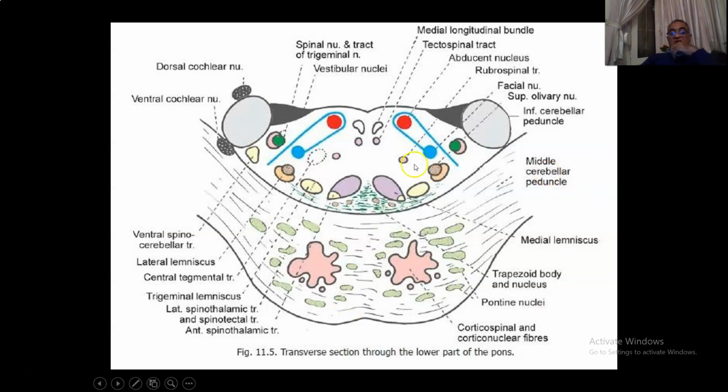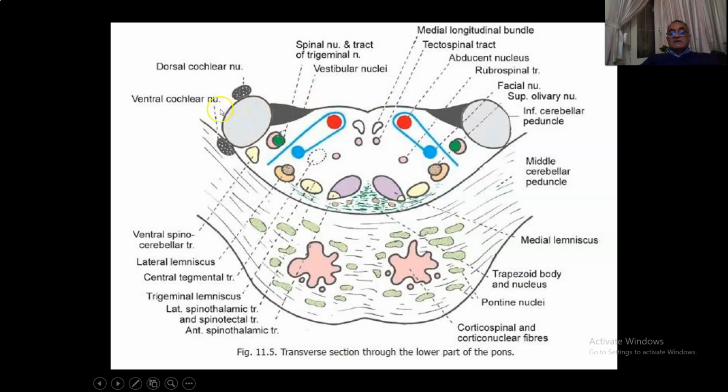So, if you see here, this is a picture of the caudal pons, transverse pontine fibers. This is anterior, this is posterior. This is the inferior cerebellar peduncle. These are the cochlear nuclei, the dorsal is dorsal and the ventral is ventral to the inferior cerebellar peduncle.